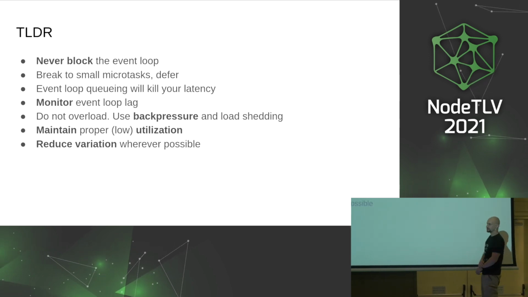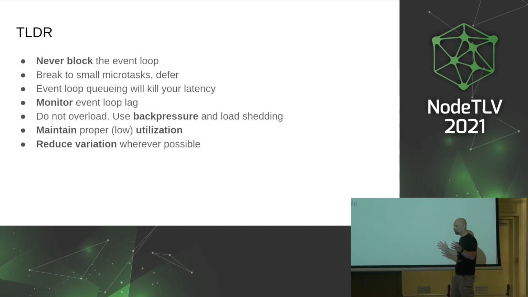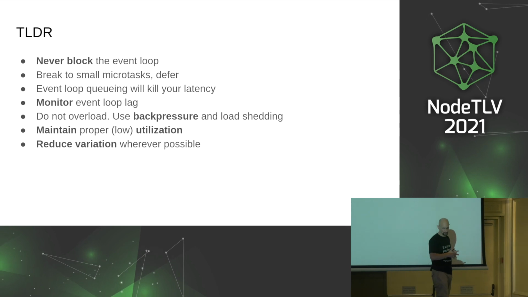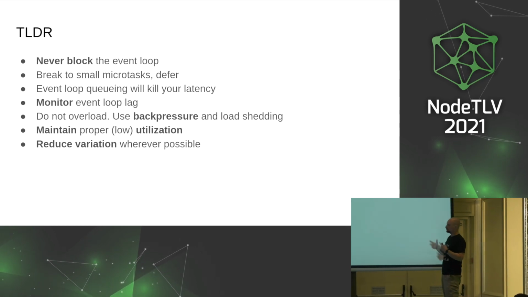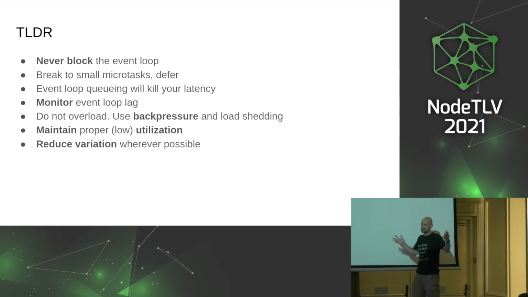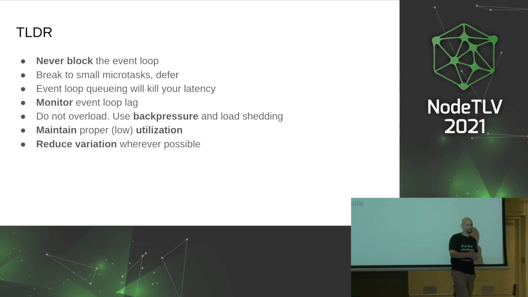So, a summary of what I've said in this presentation. First of all, never ever block the event loop. Don't do this. Try to break your processing into small microtasks and defer some of them to get smoother performance in Node.js and not block the event loop or hog the queue for too long.